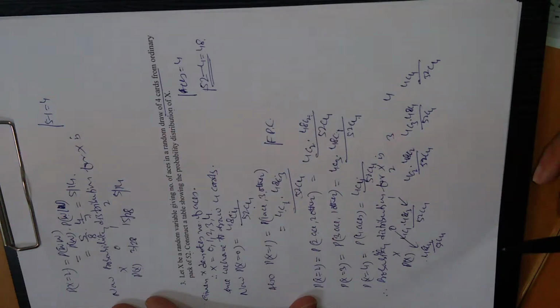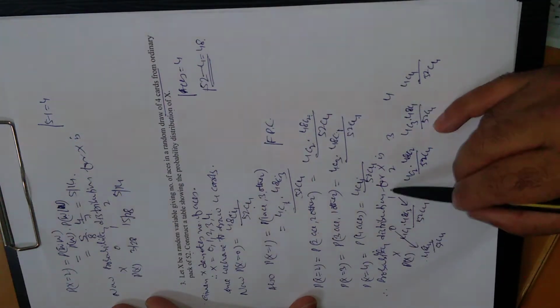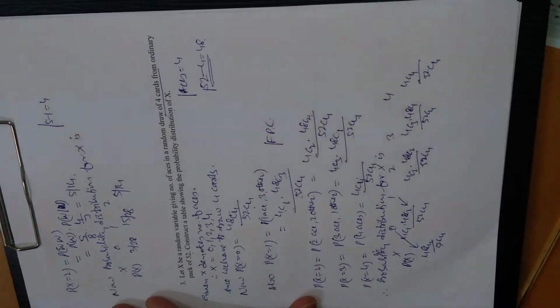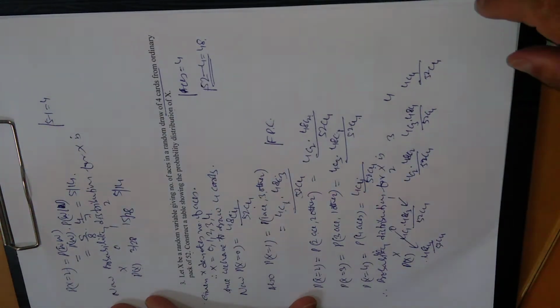These are the probabilities. The first row has possible values of x and the second row the corresponding probabilities. This is the probability distribution for x.